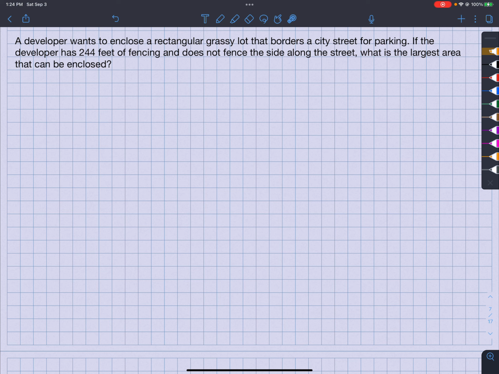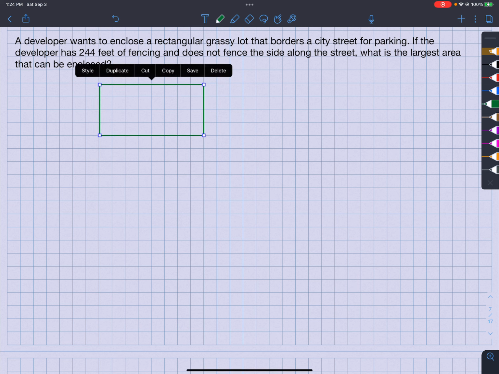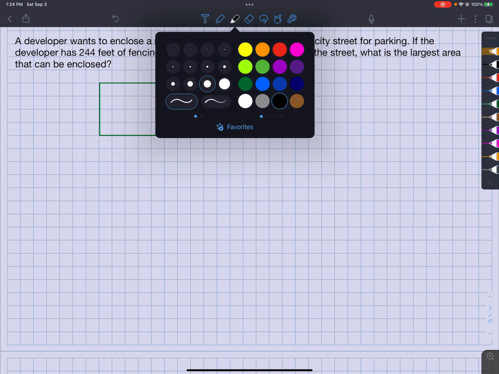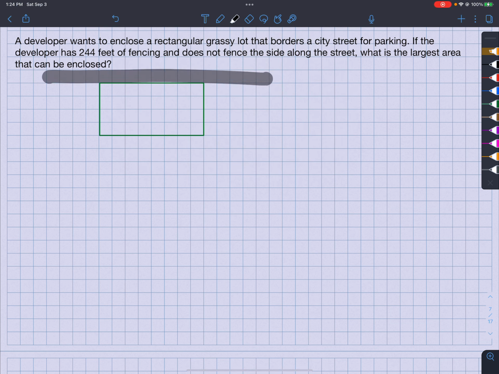So if I remember correctly, we have a rectangular grassy field. Here's my grassy field, and let's say on this side we have a road.